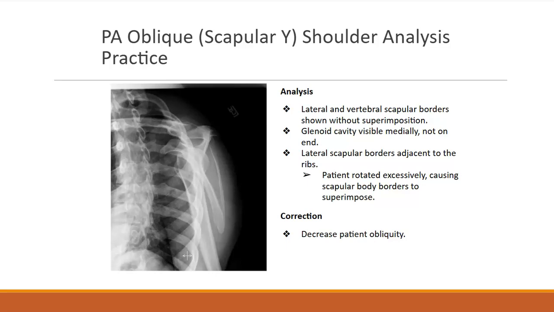In this case, the lateral border is positioned closer to the thorax. The glenoid cavity is visible but not seen on end. It's closer to the thorax. This should indicate to you that the patient was excessively rotated. We're going to need to decrease that patient obliquity to get a true lateral projection of the scapular body.